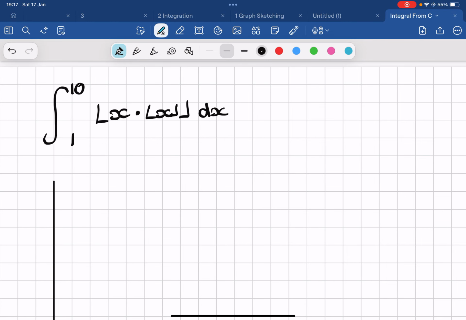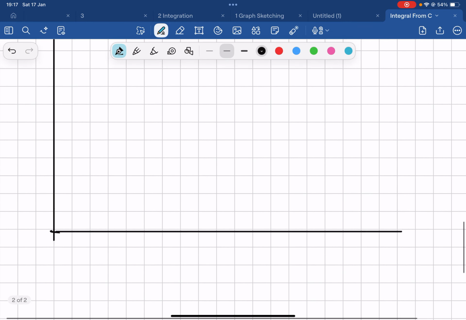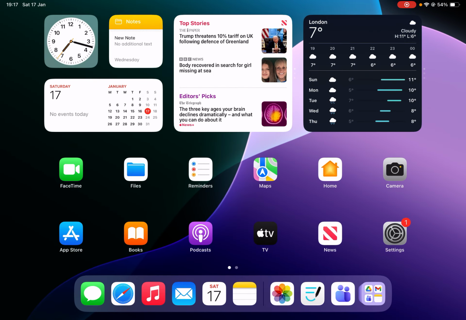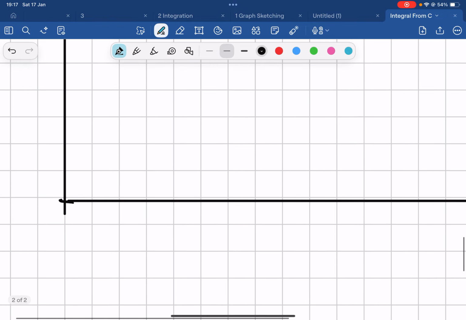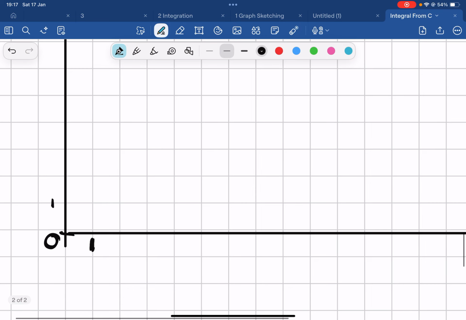We're integrating from 1 to 10. When we plug in 1, we just get 1. So let's put that here. Let's start with 0 here. So when we're at 1, we have the point 1.